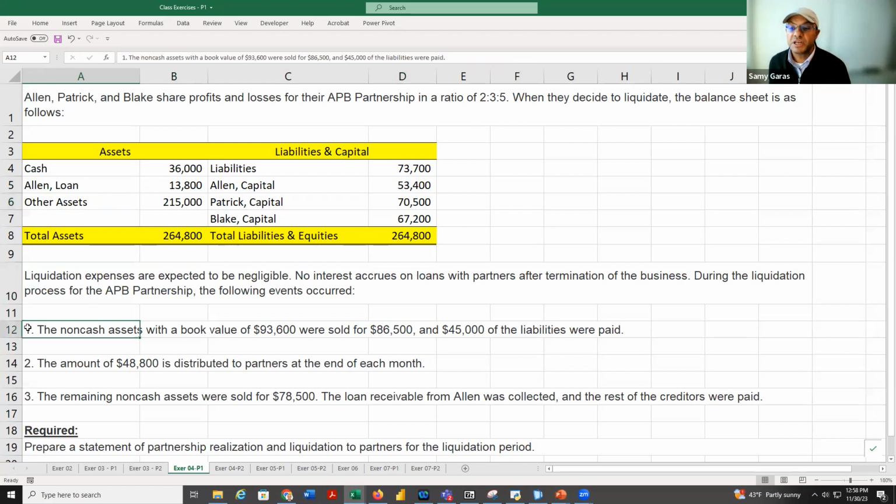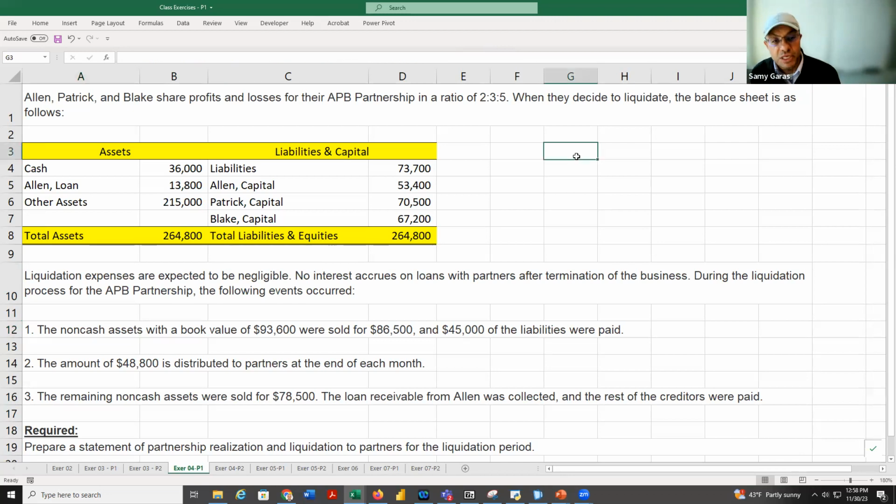And here we have three different transactions. The first one, we sold 93,600. But if you look at the assets here, they are 215, which means we sold part of the other assets.